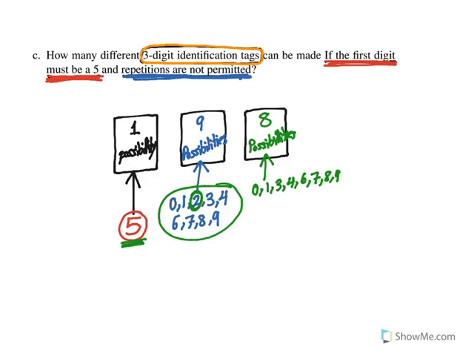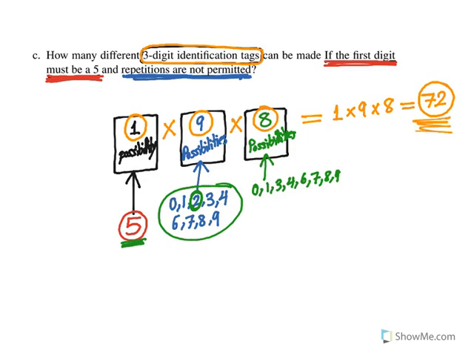It can be anything. What matters is that whatever you have chosen here, you cannot repeat it there. And because we had 1 possibility for the first digit, it must be 5, we were given that. Now we multiply these numbers by the fundamental counting rule. So this will give you 1 times 9 times 8, which is, of course, very easy. It's 72 possible 3-digit identification tags if the first digit is a 5 and repetitions are not allowed. Okay? I hope that you understood this question now.